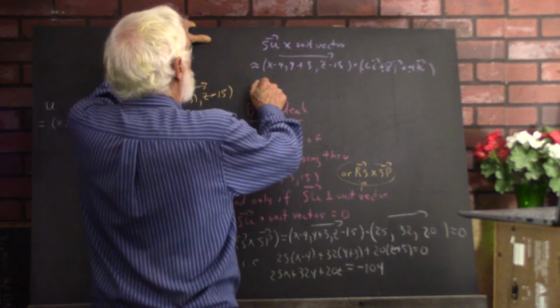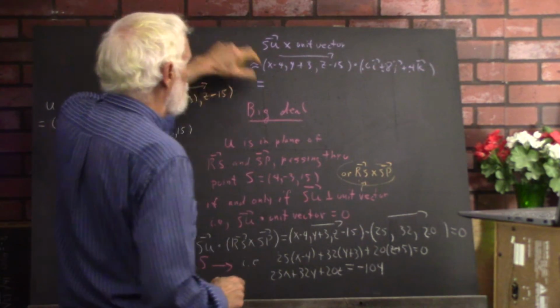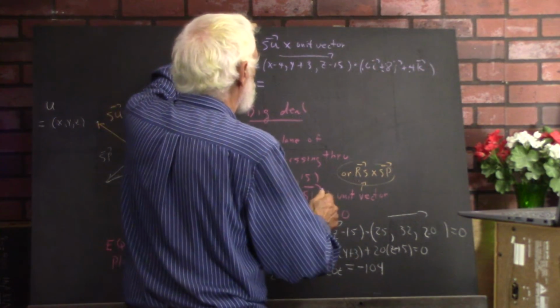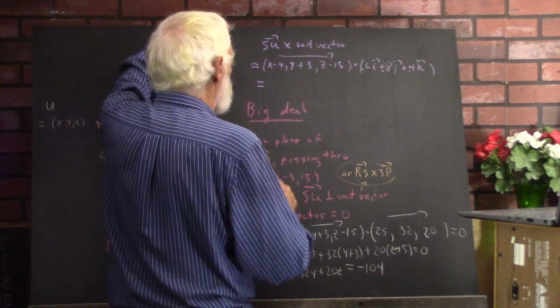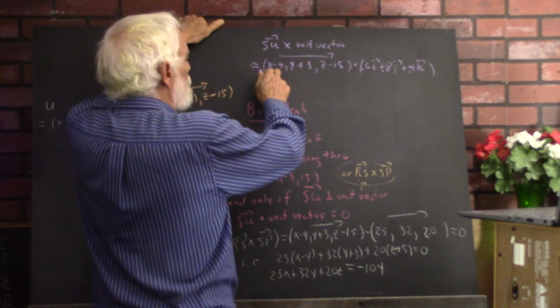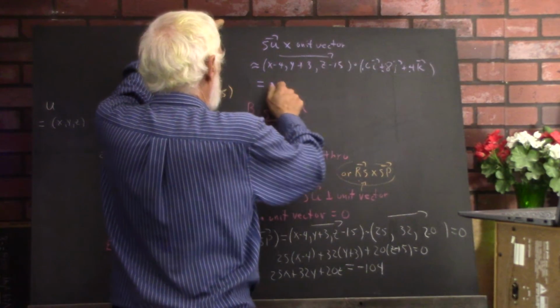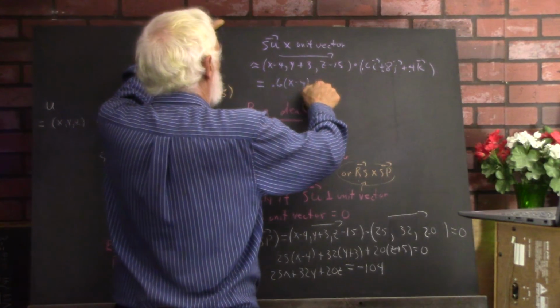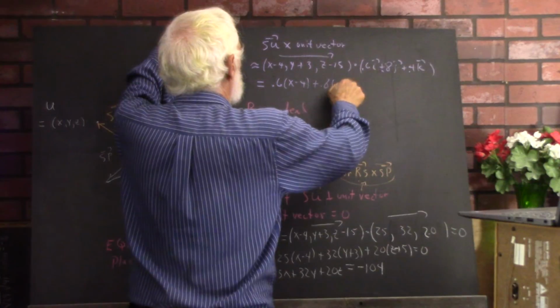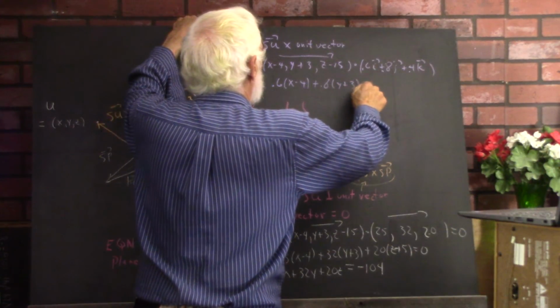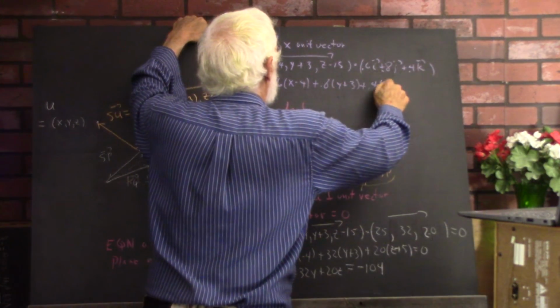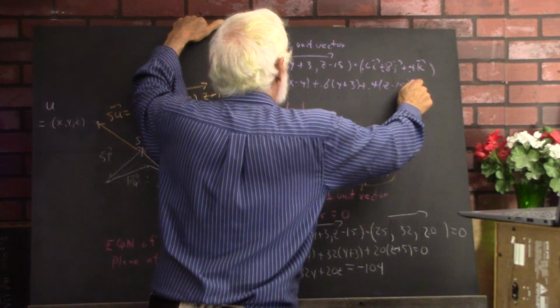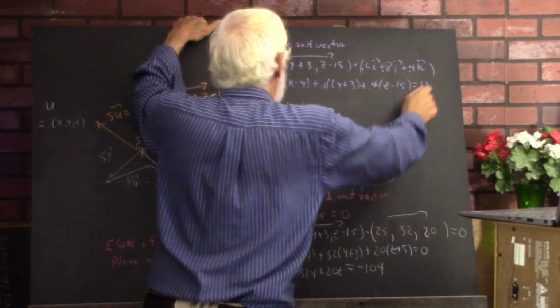Okay, well, anyhow, that's a digression. Now, what we're doing is a dot product of this vector with this vector. This is the i component, and you multiply the i component by the i component. You get 0.6 times (x minus 4) plus 0.8 times (y plus 3) plus 0.4 times (z minus 15) equals 0.